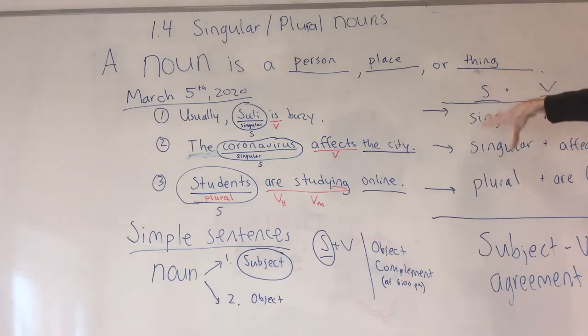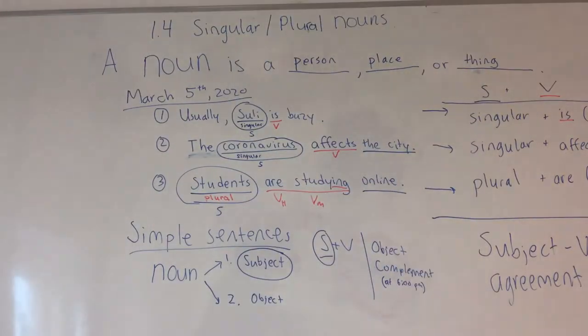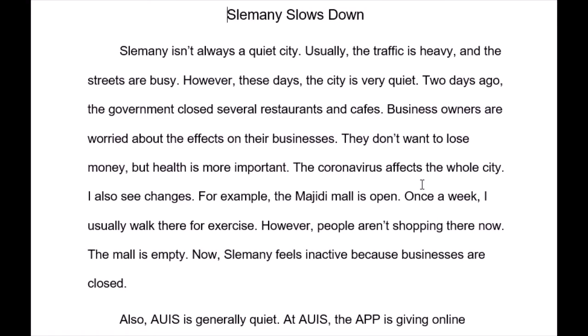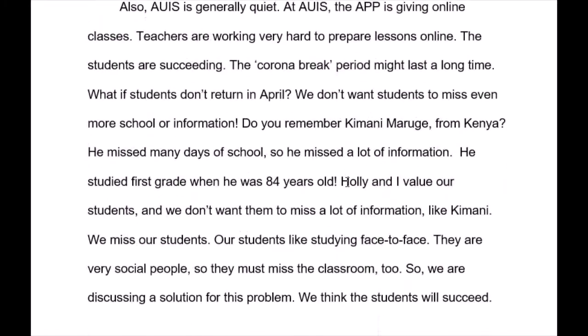How can we match the singular or plural noun subject with the right form of the verb? Okay, so this is a reading and you should open this. You can pause the video to read it. And I want you to read and write all of the subject nouns in each sentence. Okay? There's 2 paragraphs.